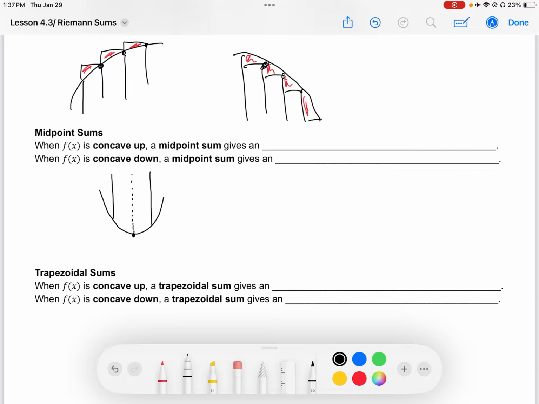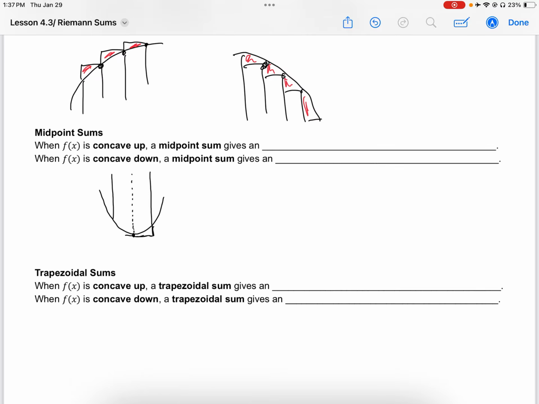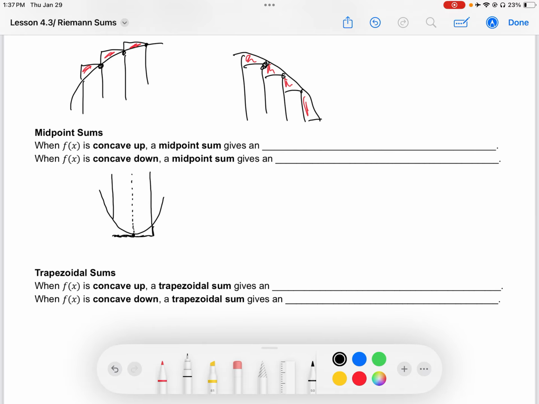So if that's our height, I guess in this case, it's really not too hard to see that that's an over approximation, right? I sort of chose a nice example. You can see a midpoint in that case would definitely be an over approximation.